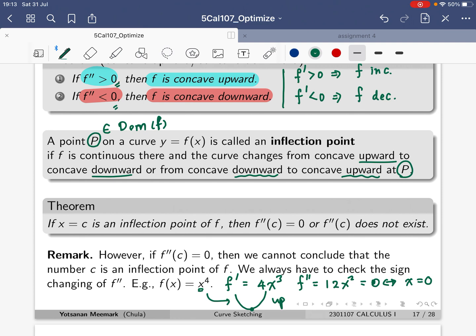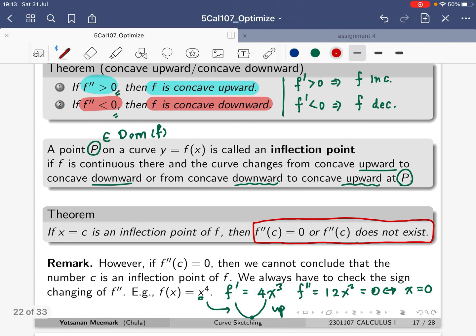However, again, to find the inflection point, we look for points where your f double prime equals 0, or your f double prime at that point does not exist. All of this is only a candidate, a candidate for what? For an inflection point. You need to really check the sign.